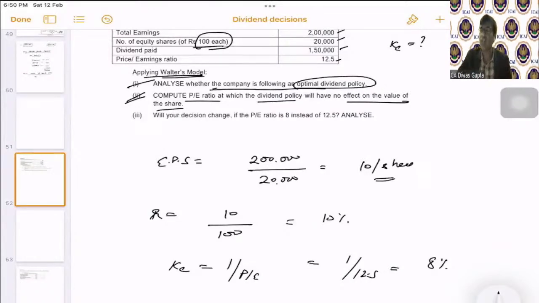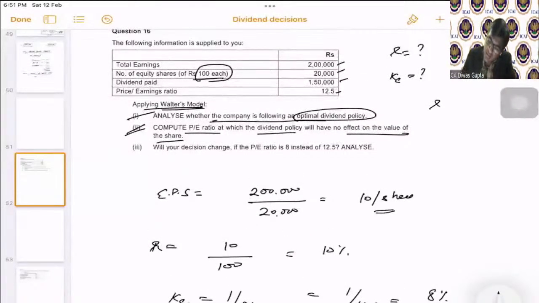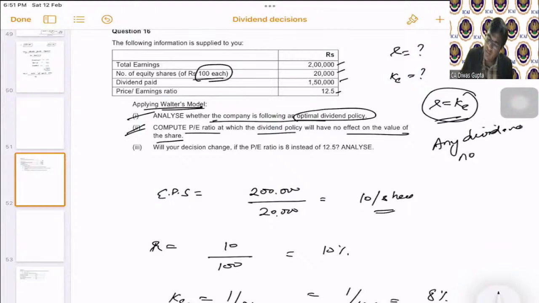What is the situation that we have studied till now, students, in which this kind of thing happens? This kind of thing happens when your R is equal to KE. This is the only case where if you pay any dividend, it will have no impact on the prices.